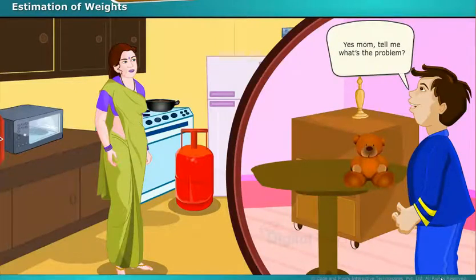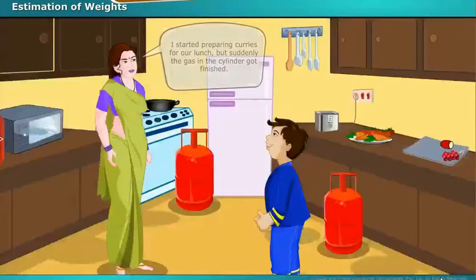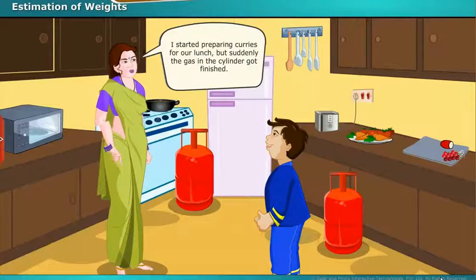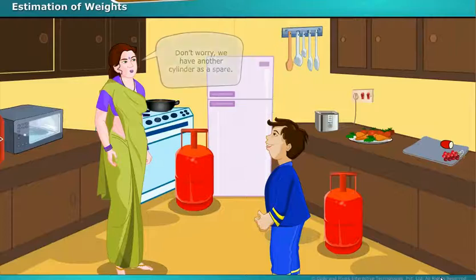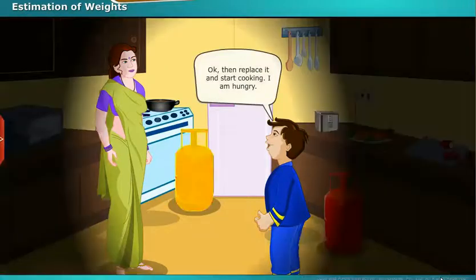Tell me, what's the problem? I started preparing curries for our lunch, but suddenly the gas in the cylinder got finished. Oh, then, what about our lunch today? Don't worry, we have another cylinder as a spare. Okay, then replace it and start cooking.